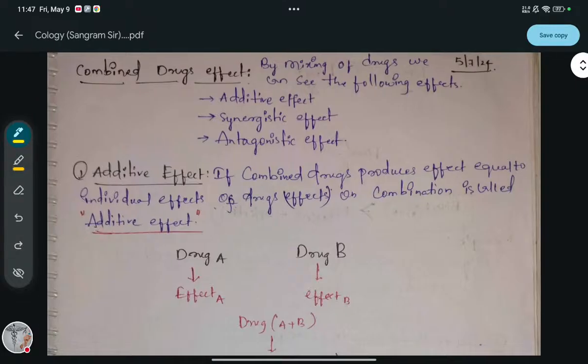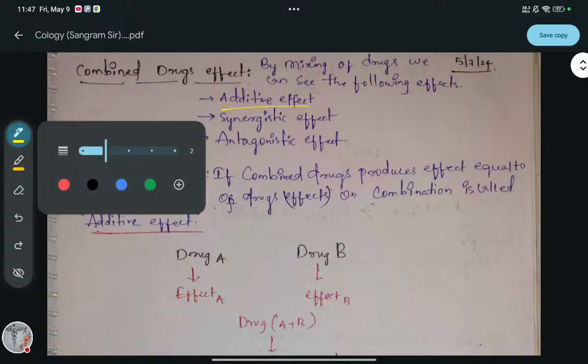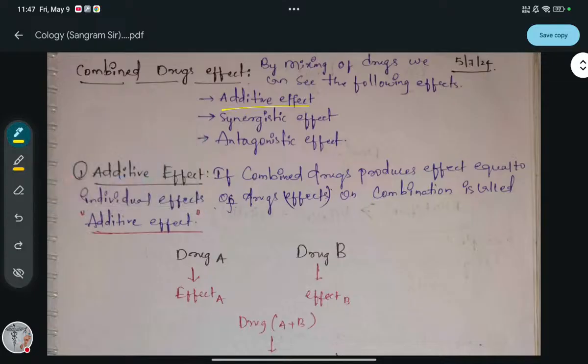By mixing of drugs we can see the following effects: additive effect, synergistic effect, and antagonistic effect. So what is additive effect? In this additive effect, the effect of the drug will be the same as before, and it will be the same after their combination also.